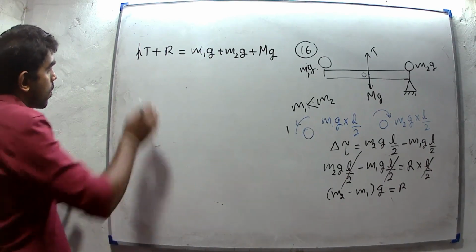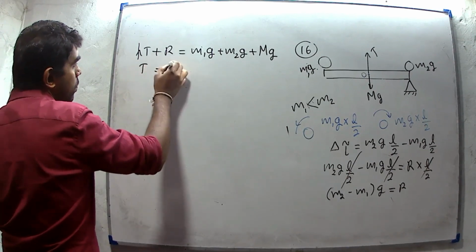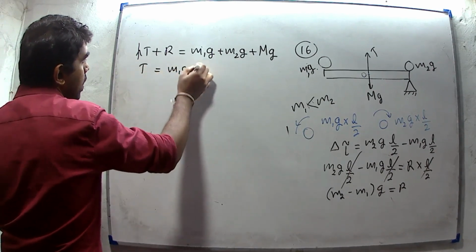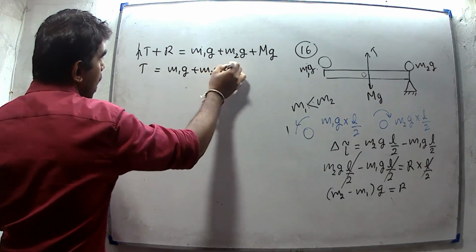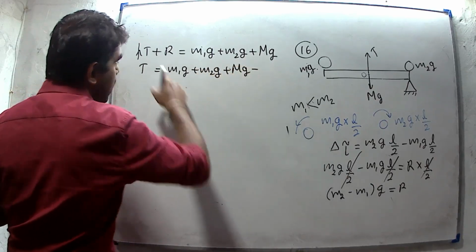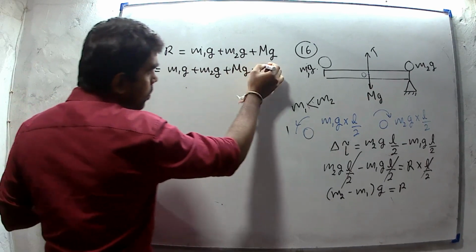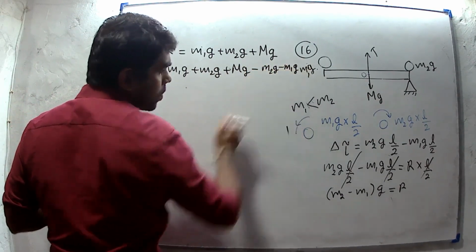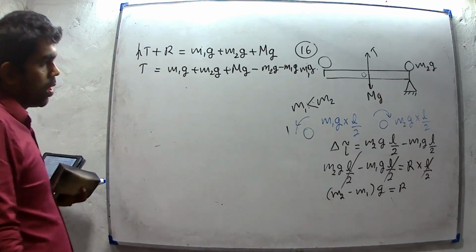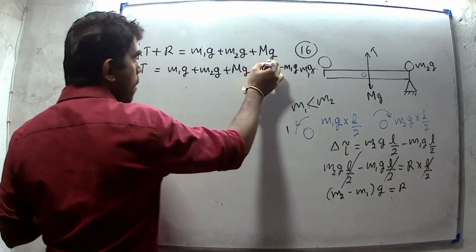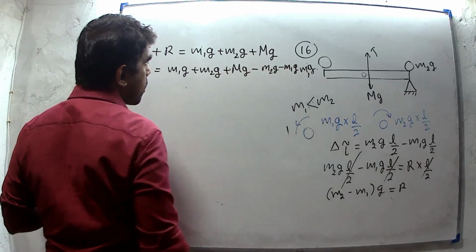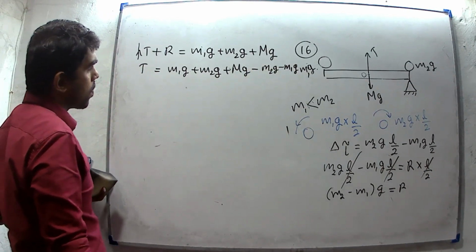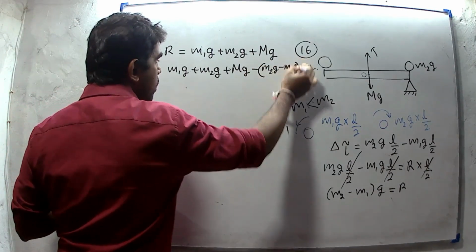Then we have to find the T value. M1G plus M2G plus Mg minus the reaction, which is M2G minus M1G. We have to subtract it.